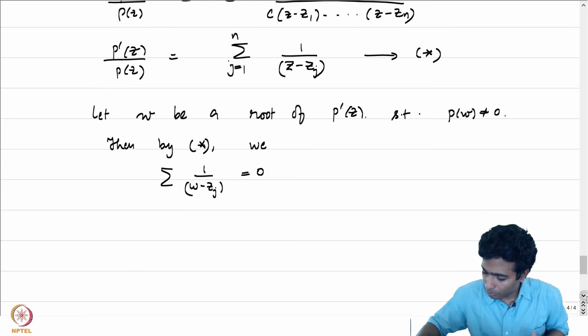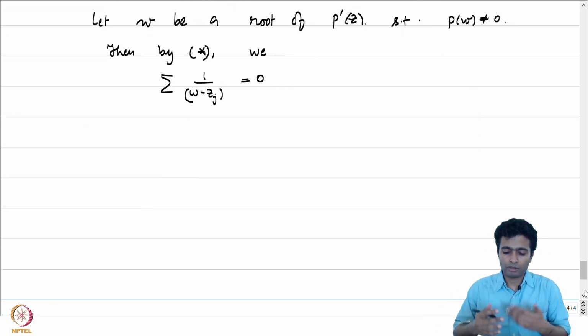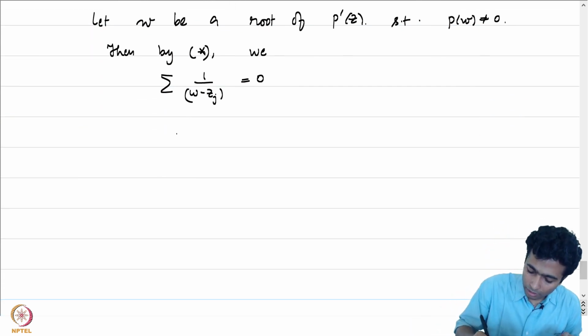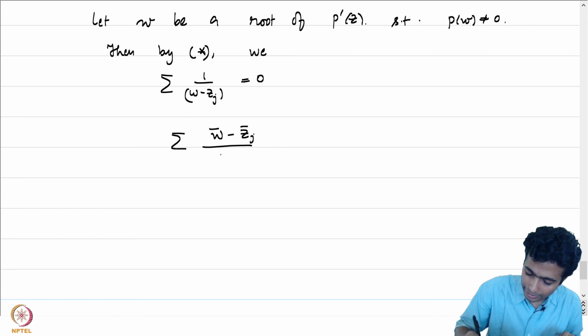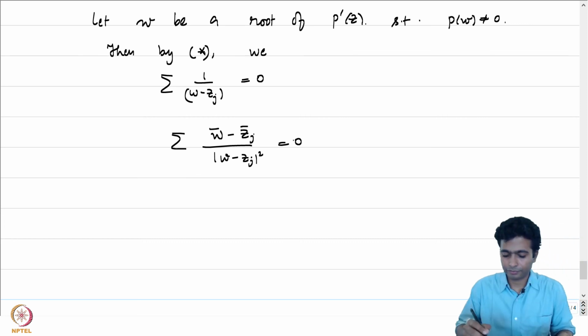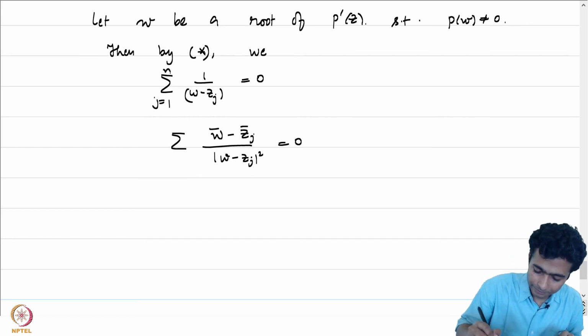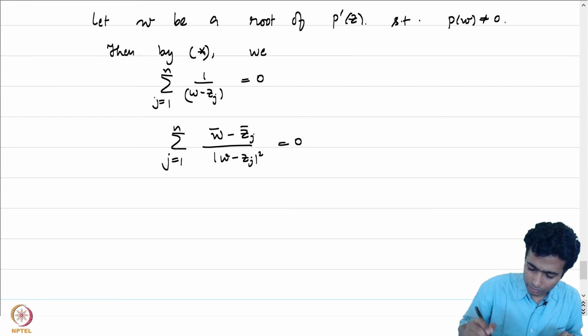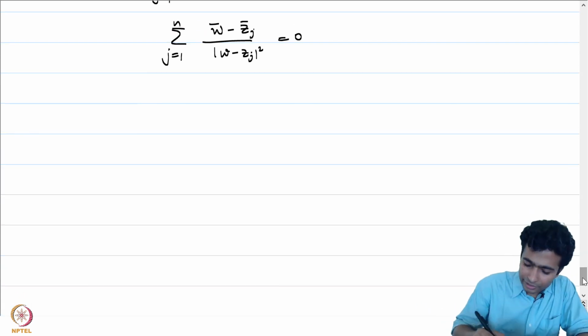But then we are almost through, because now we will just rewrite this as the summation, j going from 1 to n, of (w bar - zj bar) by the absolute value of (w - zj) squared, equal to 0. Yep. Now we are almost done. We just have to write the equation properly.